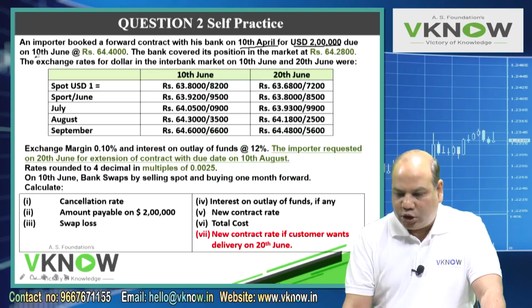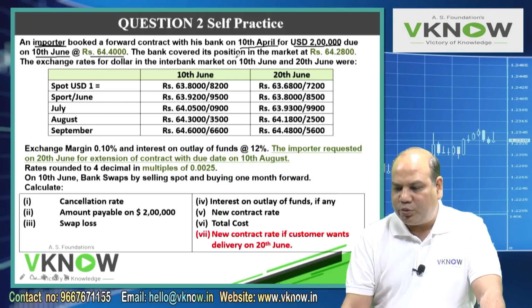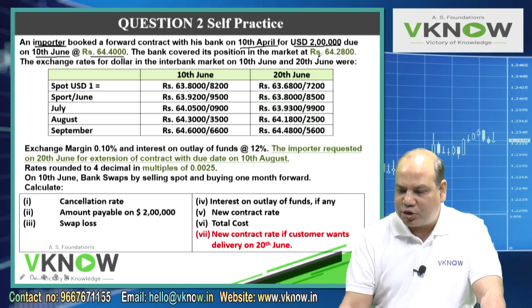The original due date is 10 June and the forward rate agreed is 64.4000. This is the rate at which the importer has agreed to buy and the bank has agreed to sell. And what did the bank do? The bank covered its position in the market at rupees 64.2800.